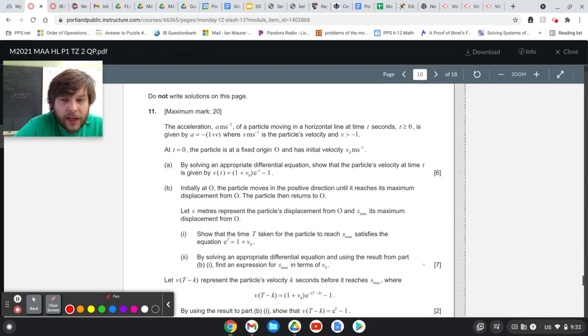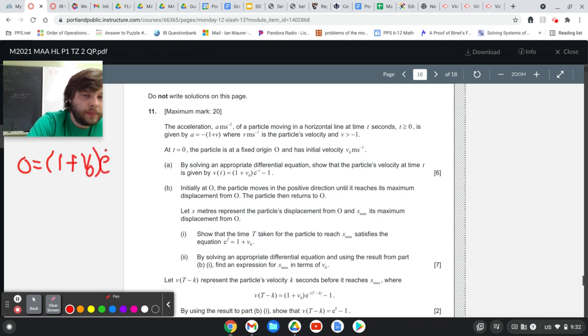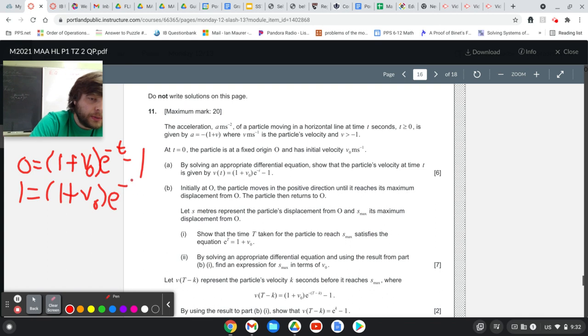When you have a maximum displacement, that is where your velocity is going to equal 0. And so if we set our velocity equal to 0, 0 equals, I'm just going to use the result from part A. Add 1 to both sides. Multiply both sides by e to the t.